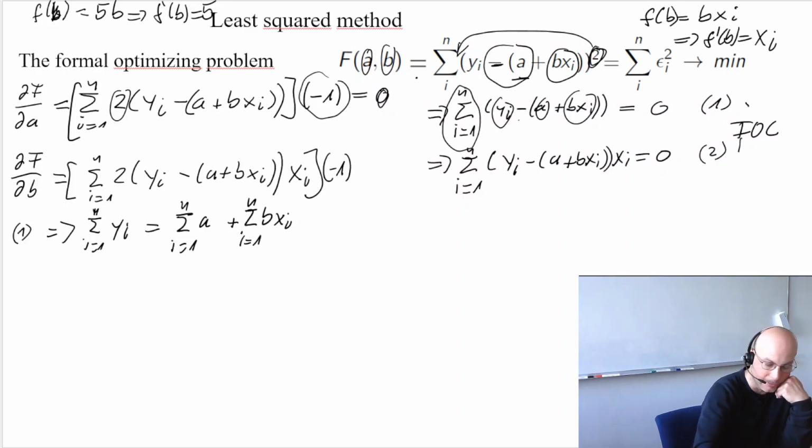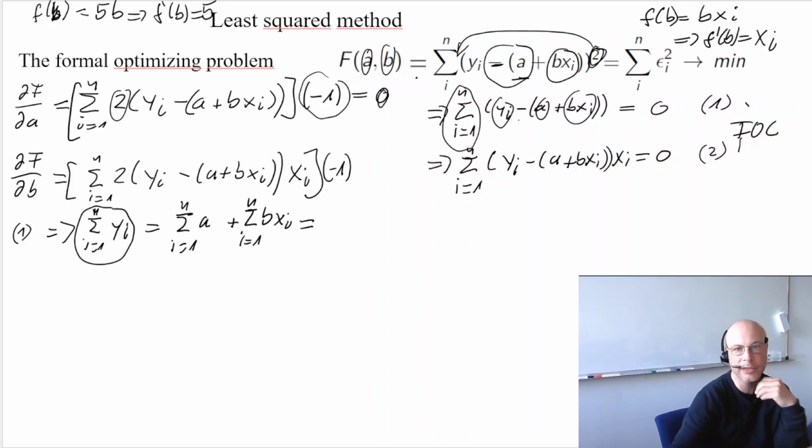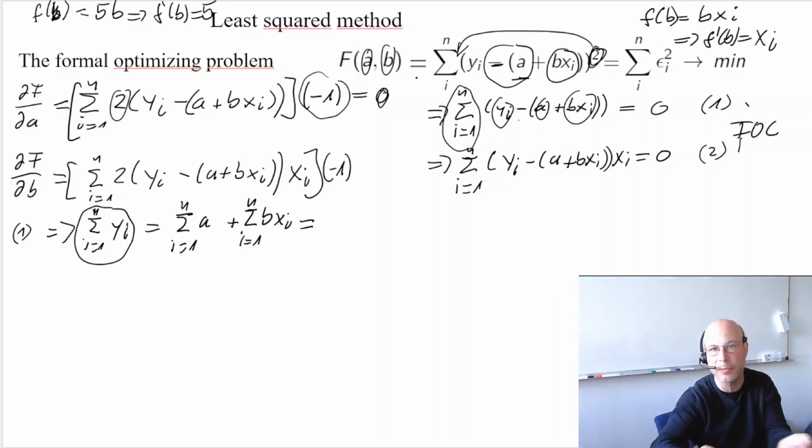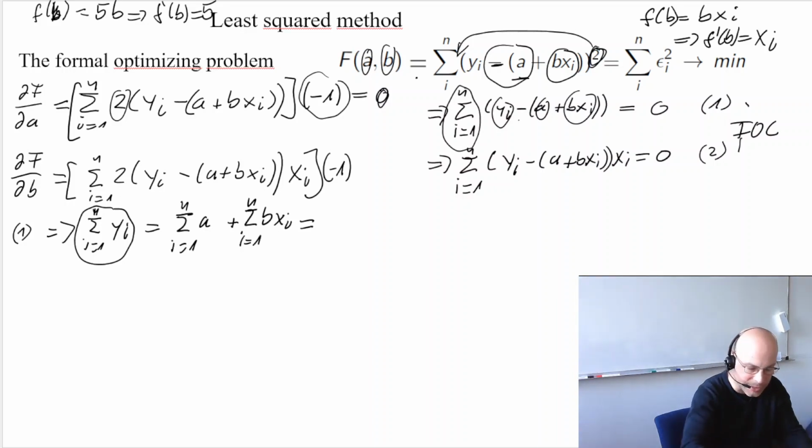And now hopefully you also see this. This is just the sum over all data points of y we have collected. And if you think what is the arithmetic mean of these data points, this would be just this sum divided by the sample size.